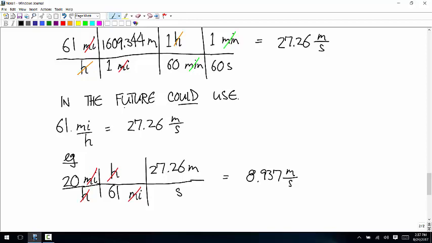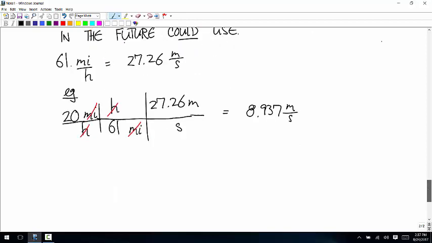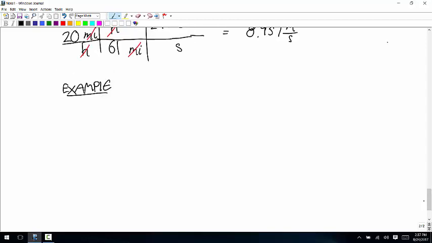The last kind of conversion that we have to do is sometimes these basic units are raised to an exponent, so we have to know how to deal with that. So let's say we want to convert 32.2 feet per second squared into yards per minute squared.